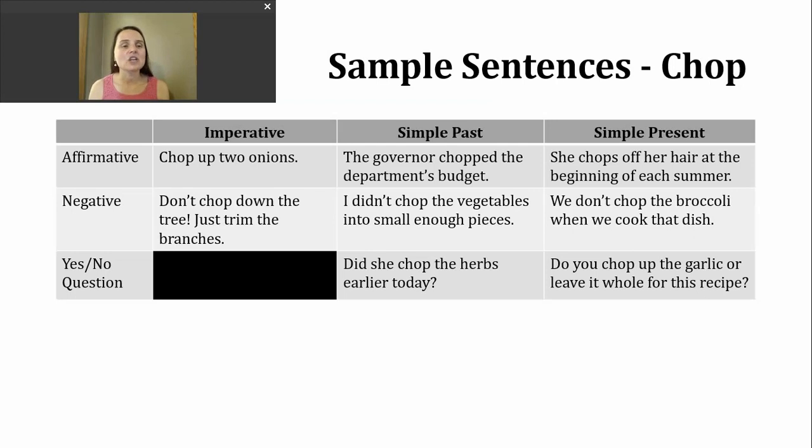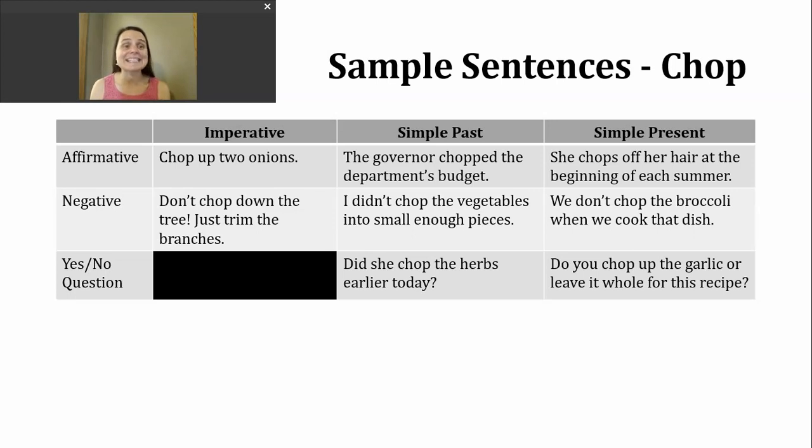Next, let's take a look at simple present. We use this verb tense to talk about habits and routines. We also use it to discuss facts, our feelings as well. So let's take a look at an affirmative sentence. She chops off her hair at the beginning of each summer.